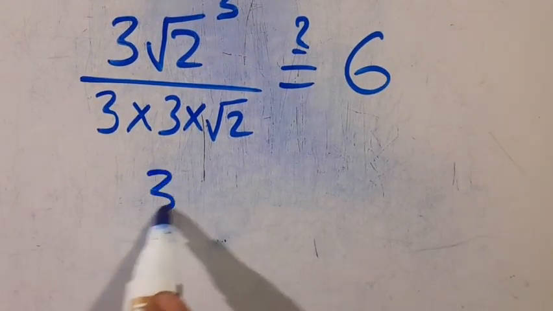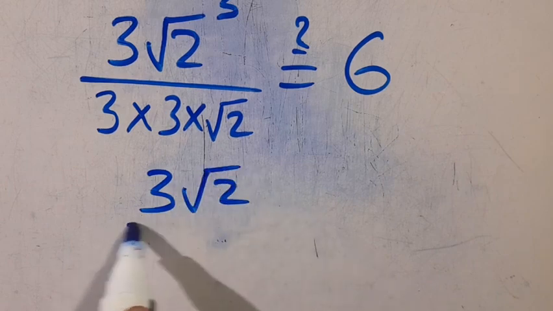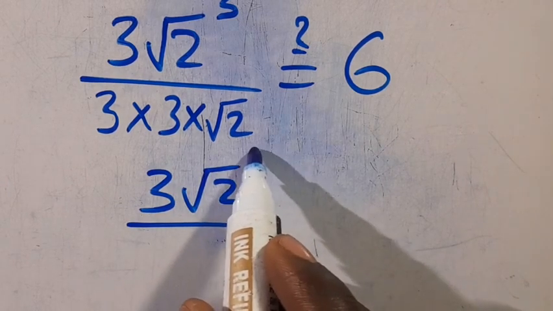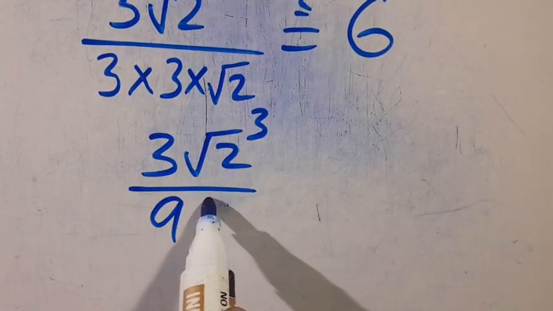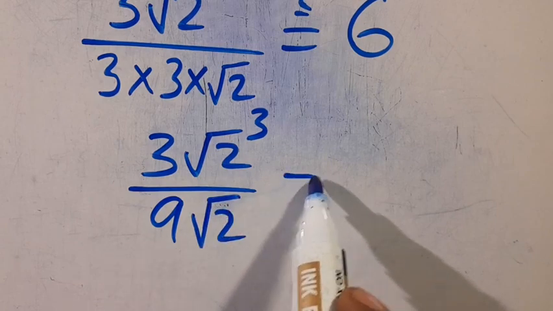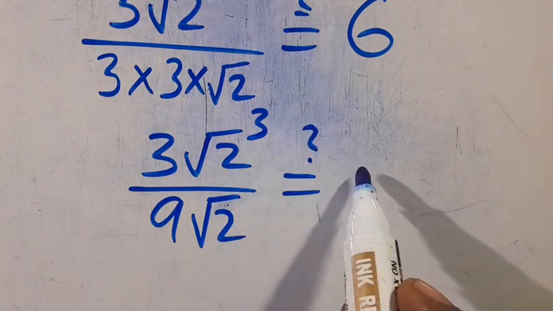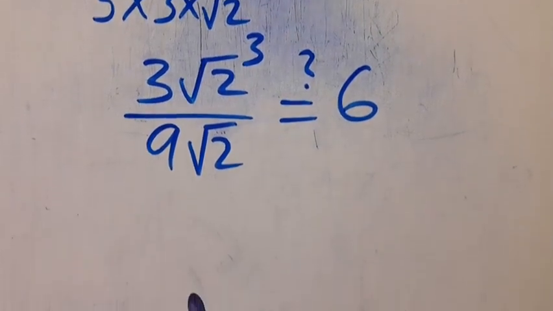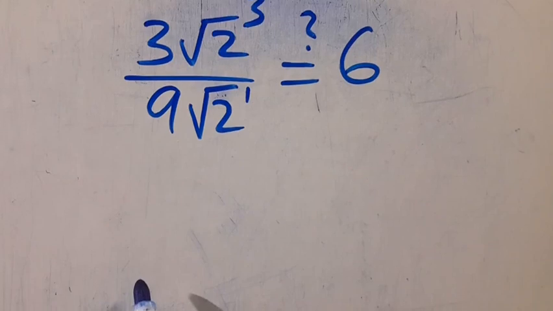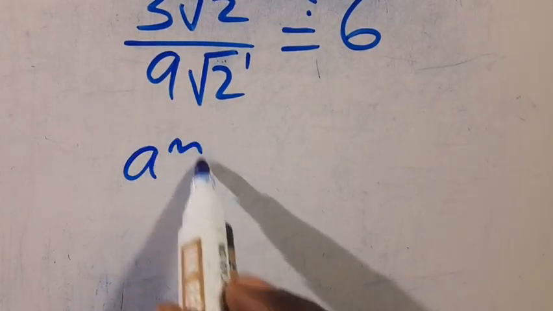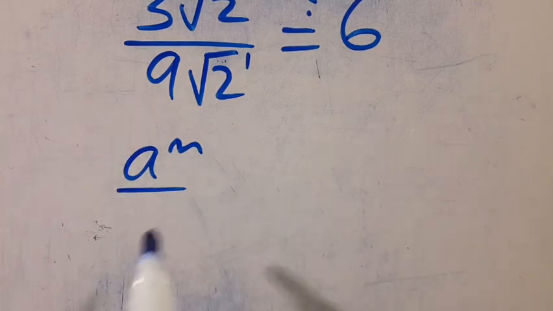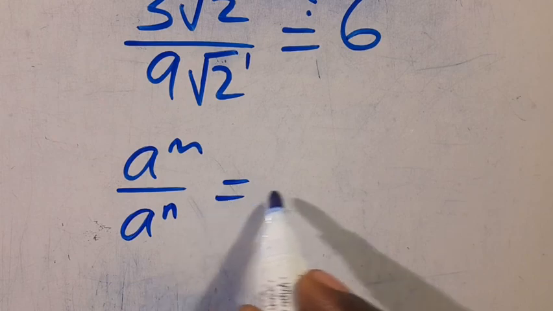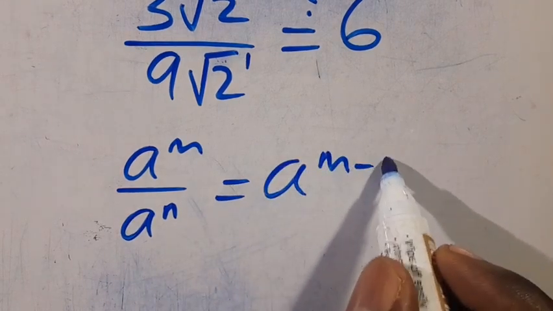We have 3 root 2 to the power of 3 divided by 3 times 3 is 9 root 2. Then it's going to give us 6. This one has power 1. Recall that when you have a to the power of m divided by a to the power of n, we can have this as a to the power of m minus n.